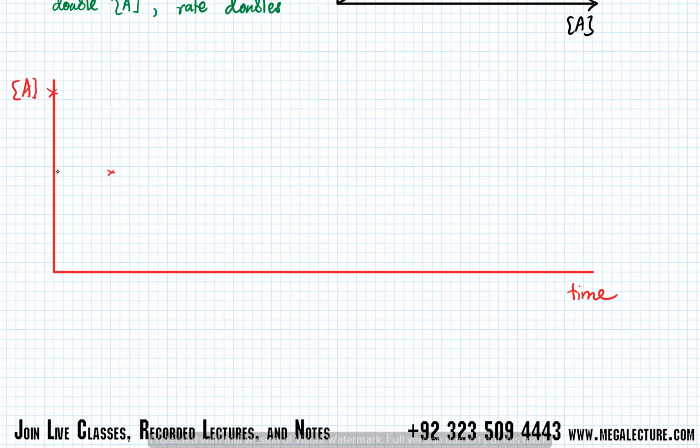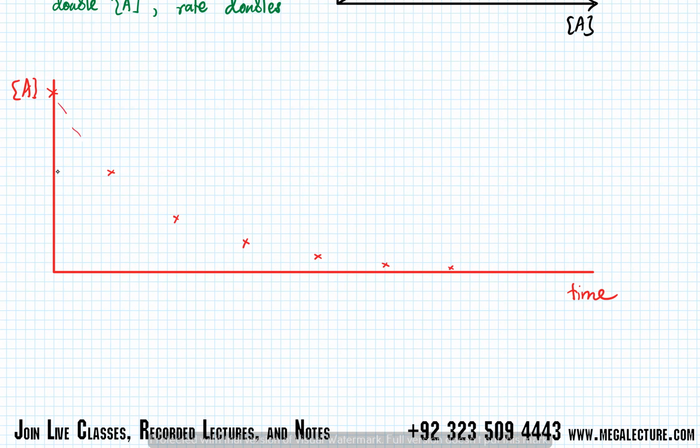So then it's going to be... So this is how an order 1 graph would look.